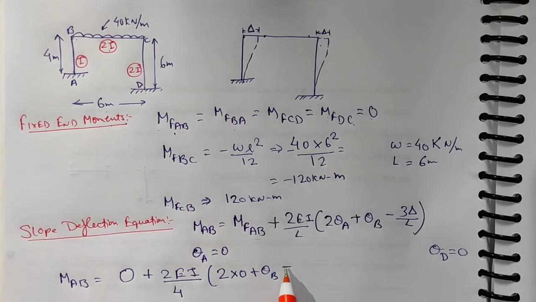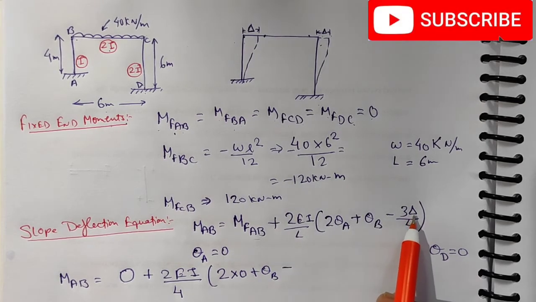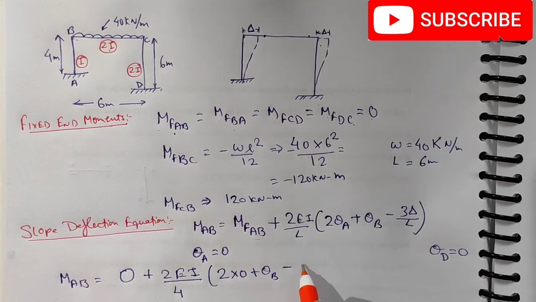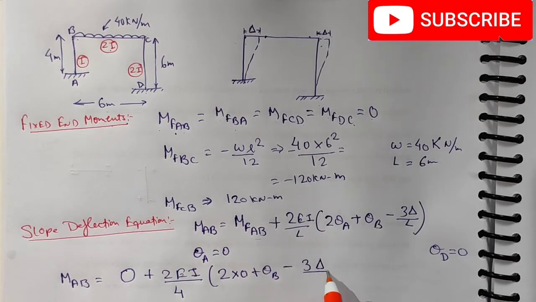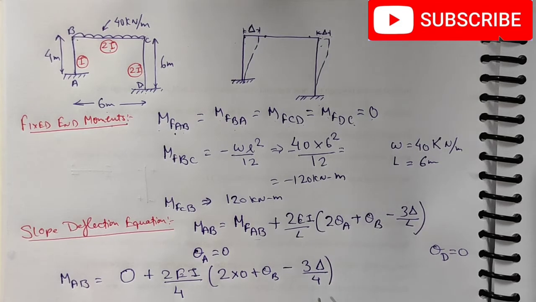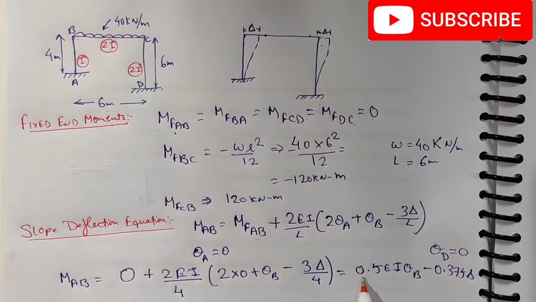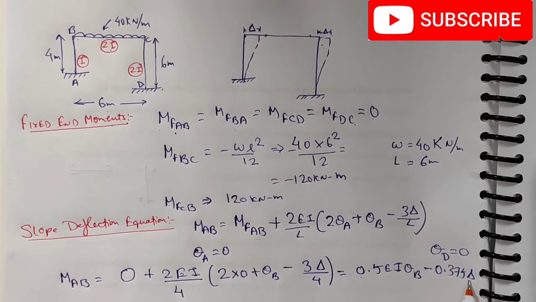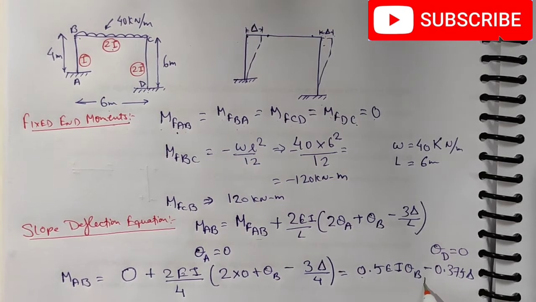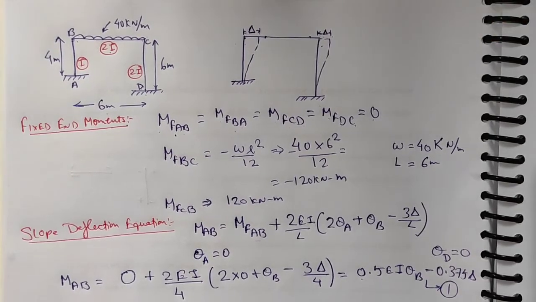Now, we'll not neglect the value of del, as this will give us the value of the sway. Therefore here I will put 3 del upon L, where L is 4 meter, as we can see from the question. After solving, I will get the value as 0.5 EI theta B minus 0.375 del. So I will label it as equation number 1.